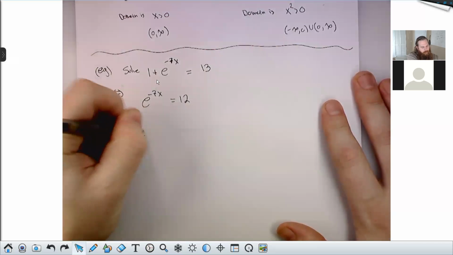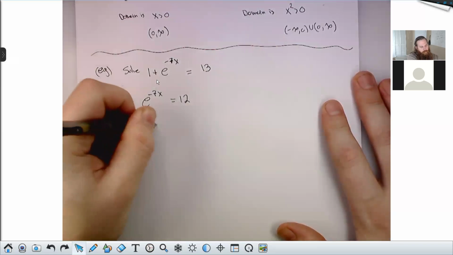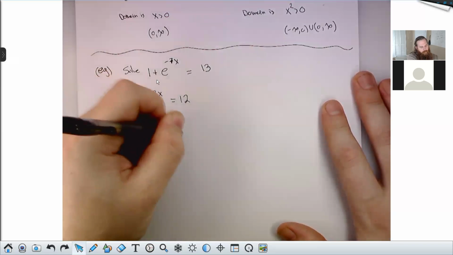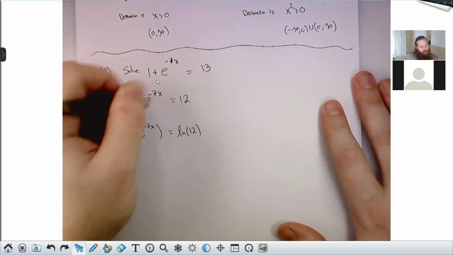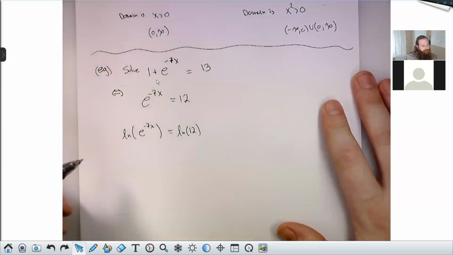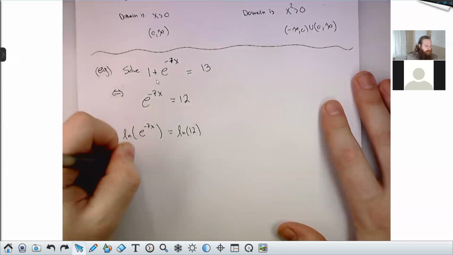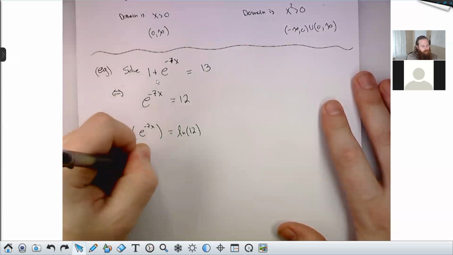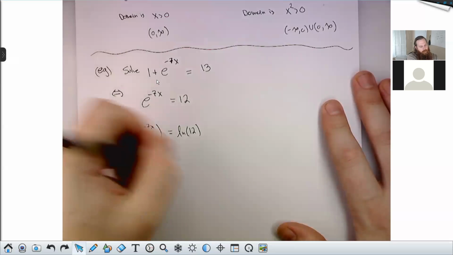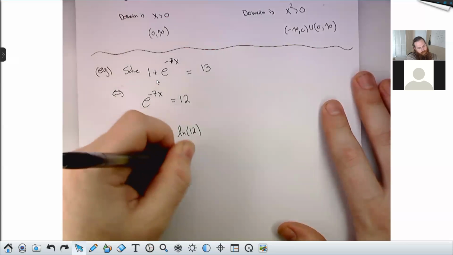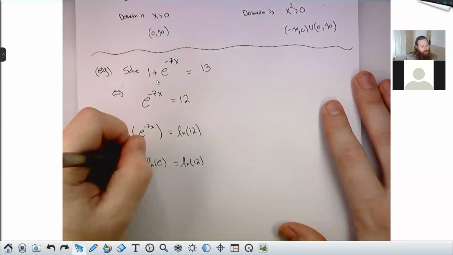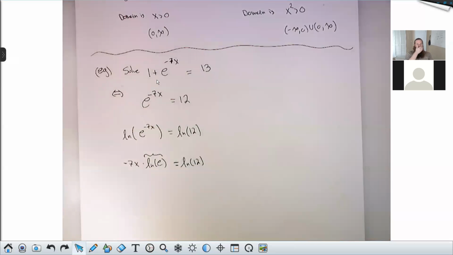And the natural log is definitely the most reasonable thing to use here because the base is e. The natural log of e to the negative 7x is negative 7x times the natural log of e. And here we're in luck. The natural log of e is a really nice number.